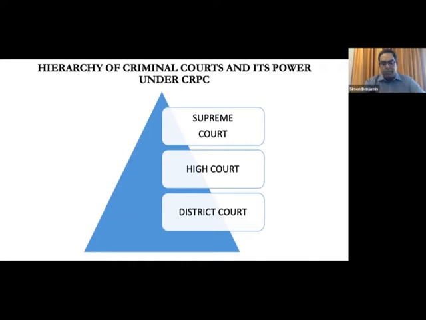You also have the original extraordinary jurisdiction which High Courts have under Section 482. That is not an appellate jurisdiction, but something where the High Court feels that it needs to interfere in a proceeding, whether it's investigation or a trial, to bring in some sort of justice for a party that's seeking relief. There's also revisional jurisdiction, which is another aspect of appellate jurisdiction.